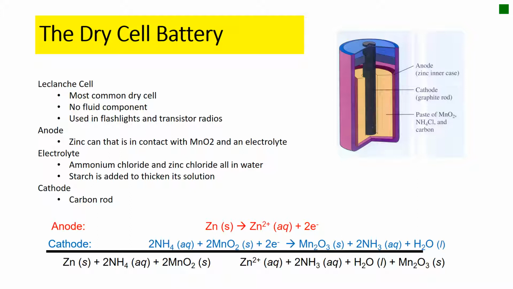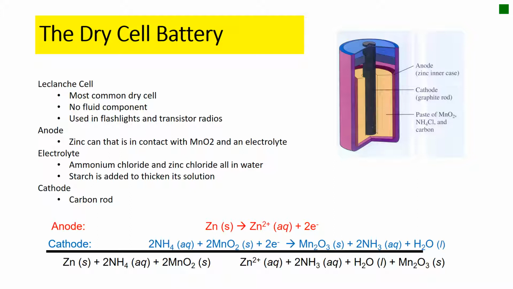NH4 is on the left but not found on the right, so we're going to put it down below. MnO2 is found on the left but not on the right. Then we have Zn, zinc. It is on the right but not found on the left, so it goes down below.